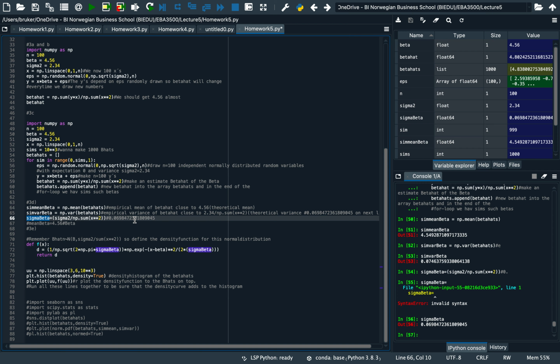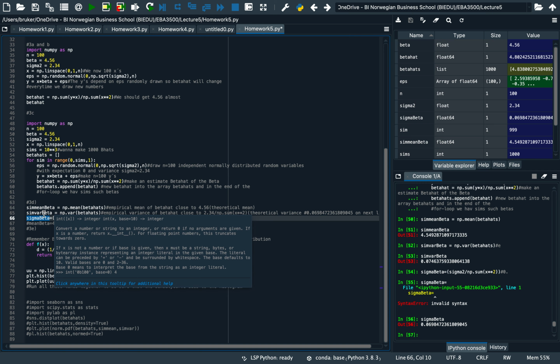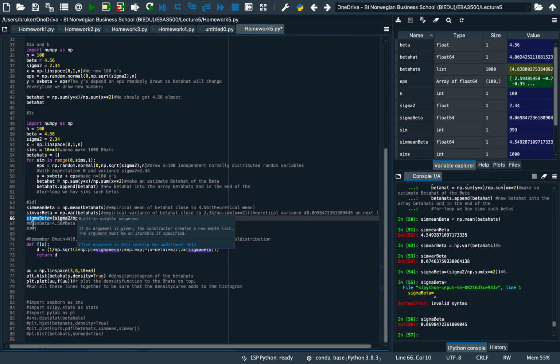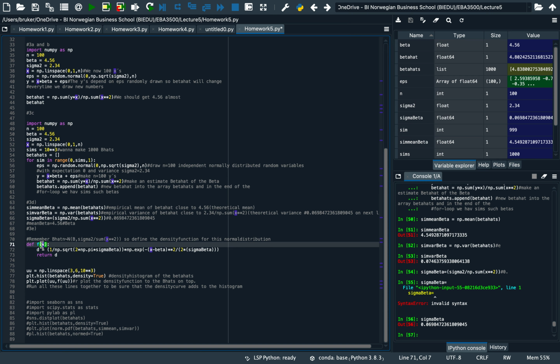That's the same every time. But this is simulations mean beta and simulations var beta. They will be different from time to time, every time I do this for loop. If I now do a new for loop, I will get new sim mean beta and new sim var beta, but they will be very close to the theoretical ones. And that's the point.